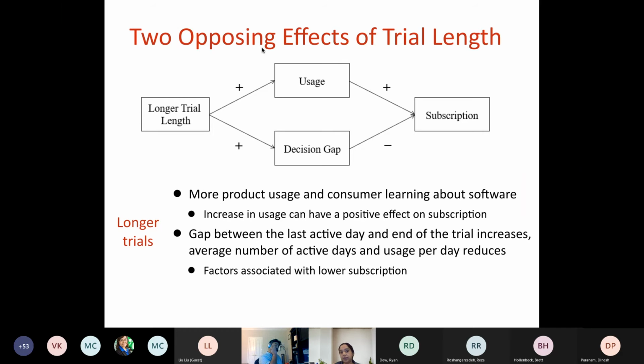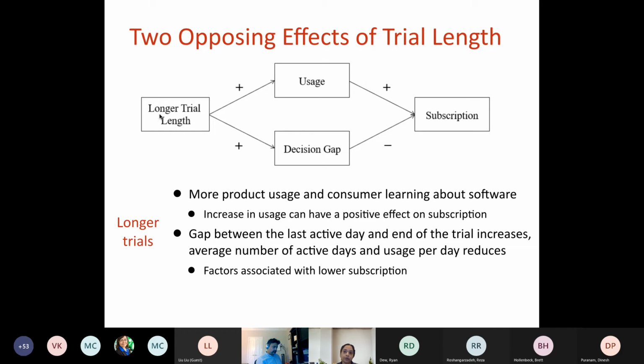Looking at the top part of this picture, as you increase trial length, we see more usage. And this is causal, because it's an experiment: trial length changing, everything else being constant, we see higher usage. Then we see that higher usage is associated with higher subscription. Now this is an association, not necessarily causal.